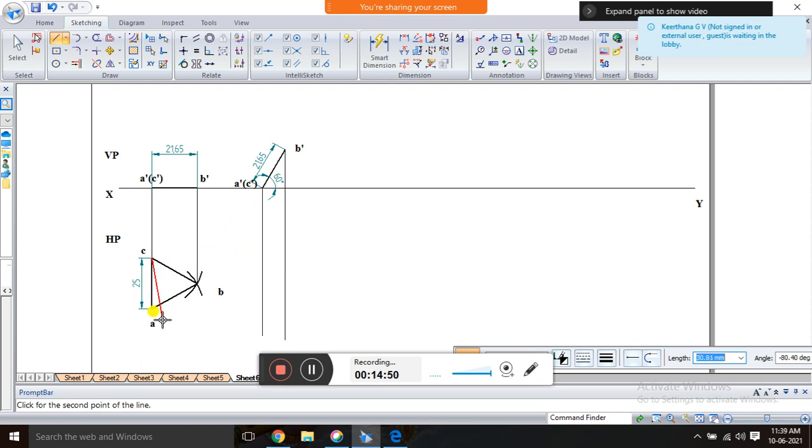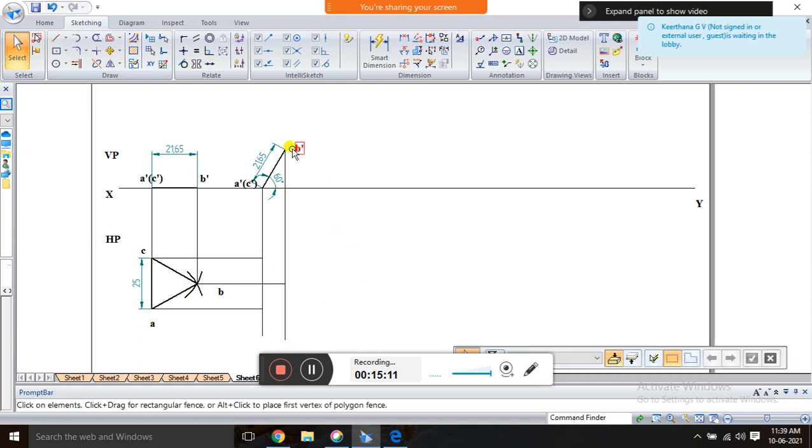So here first C is here and the C line is here. With the help of a scale, C should coincide with C. Next, A is here and the A line is here. With the help of a scale you have to project, and B is here and the B point is here. Clear?